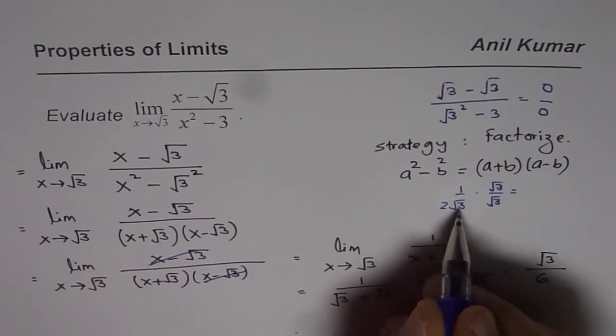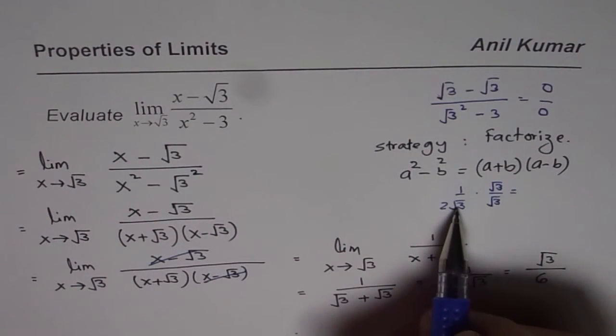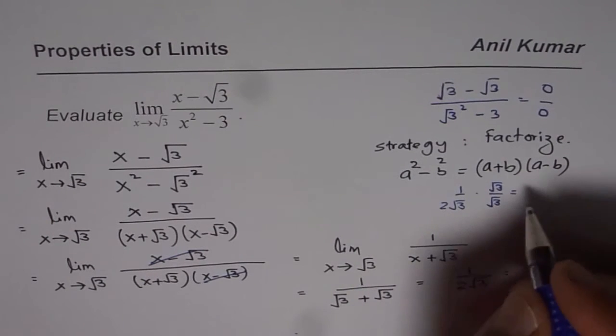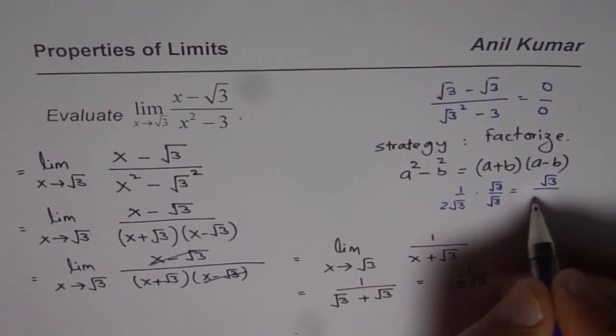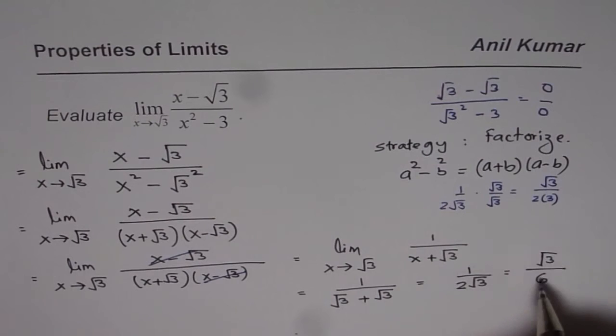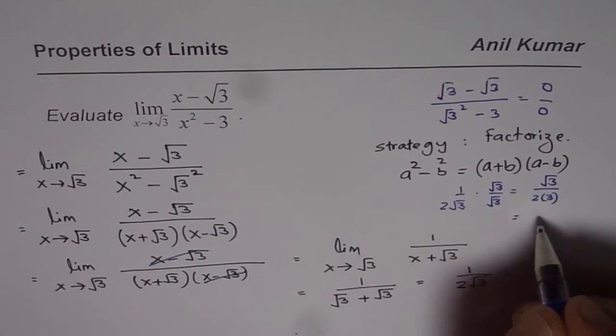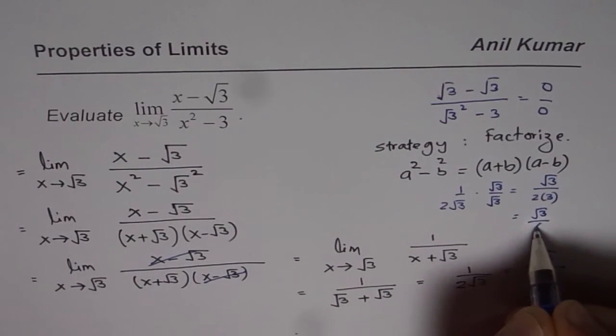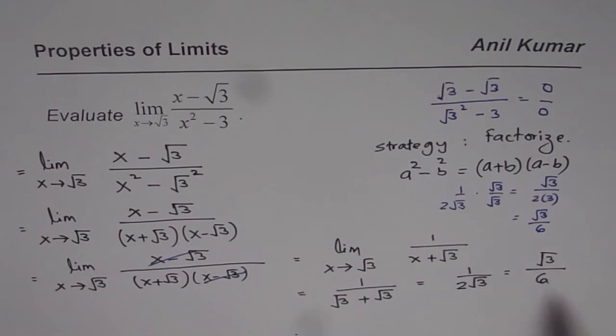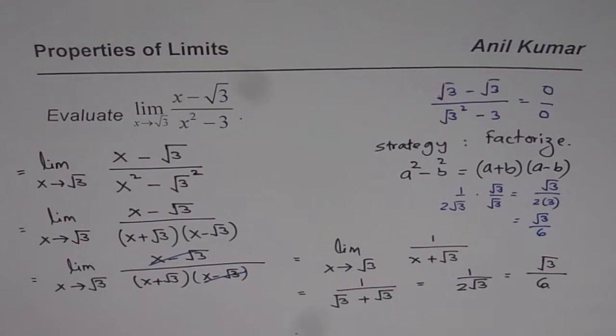That is rationalizing this denominator. So that is square root 3 square, which is 3. So we get square root 3 over 2 times 3, which is 6. So we get square root 3 over 6. So you could write the answer in this form also. So that is how we can actually find the limit of such a function.